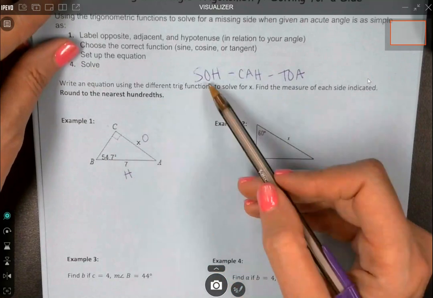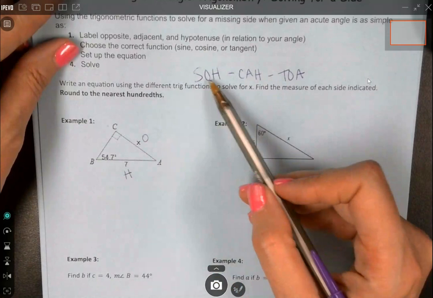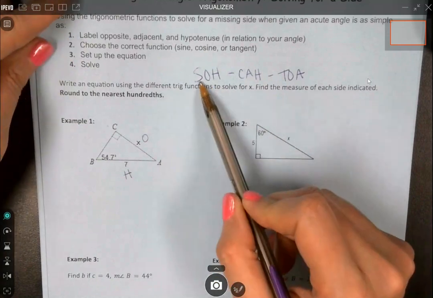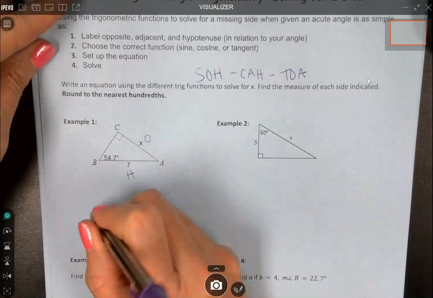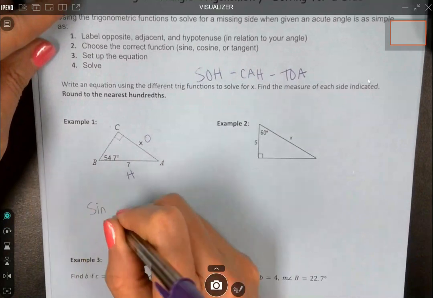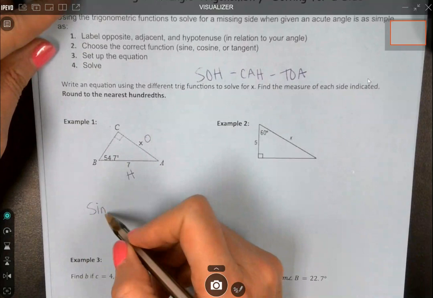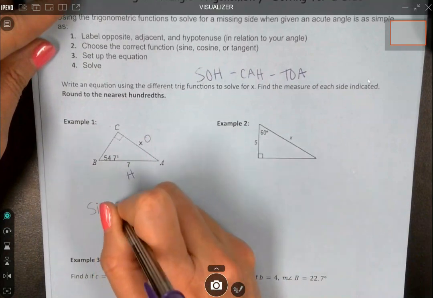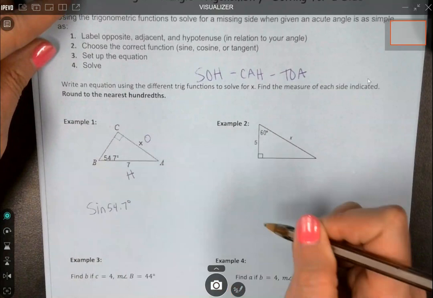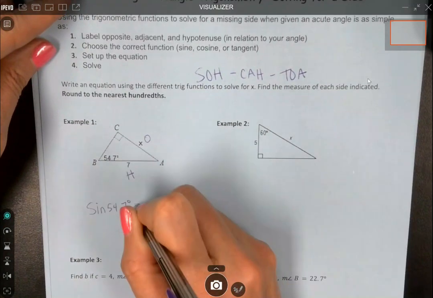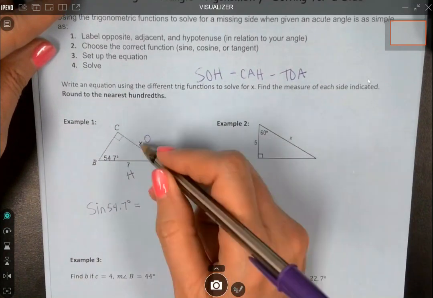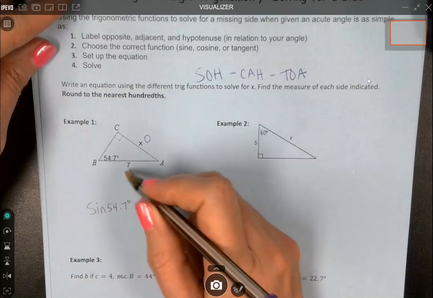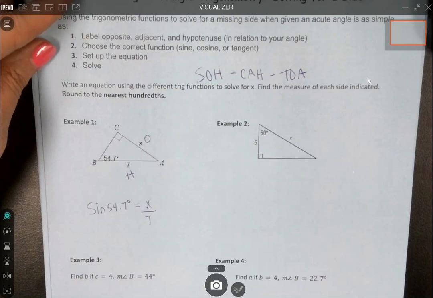So looking up here at my SOHCAHTOA, I see the O and the H, so this goes with the S, which stands for sine. So I'm going to write down the sine, and then the angle always goes after the sine, cosine, or tangent. So the sine of my angle, 54.7 degrees, is equal to the opposite side, so X is going to go on top, over the hypotenuse, which is 7, and that's going to go on the bottom.